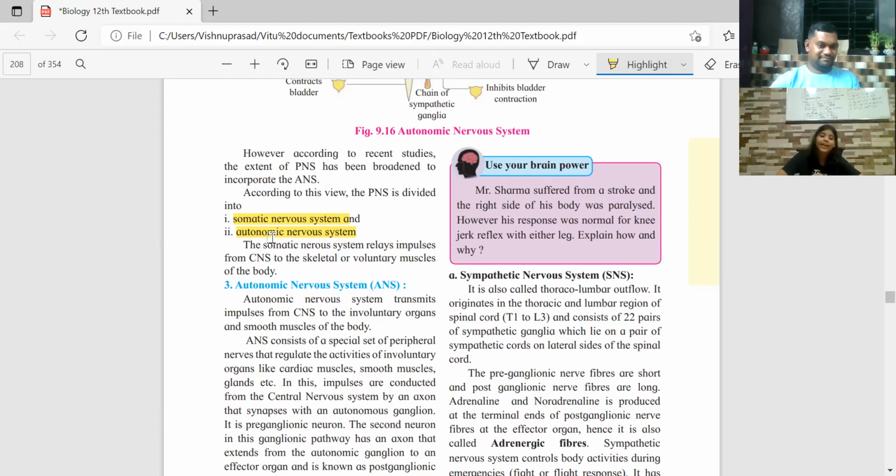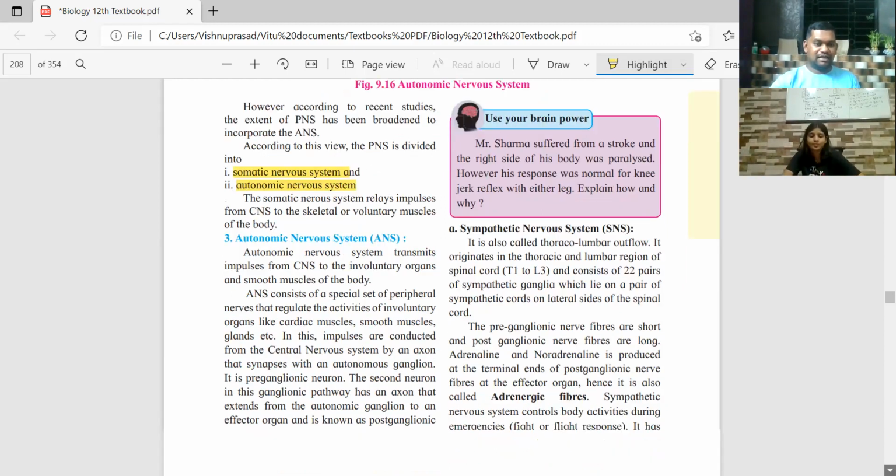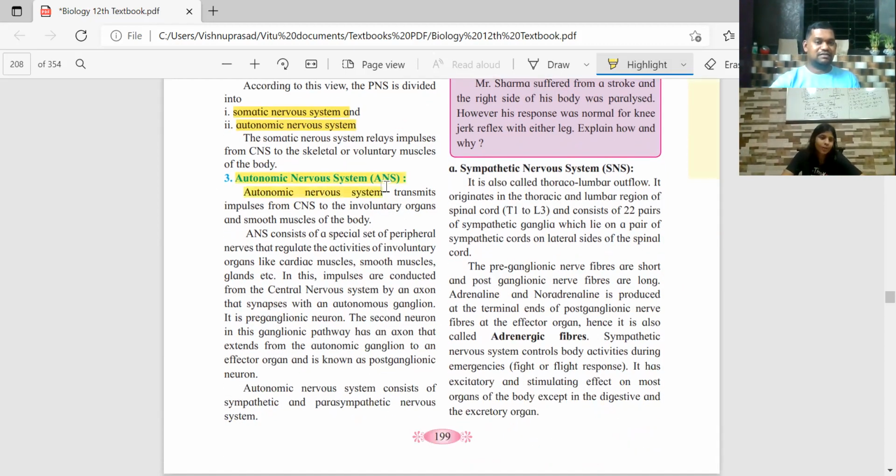The other type is autonomic nervous system, ANS. Somatic skeletal या voluntary muscles को innervate करते हैं. ANS will do the innervation for involuntary organs or smooth muscles of the body.